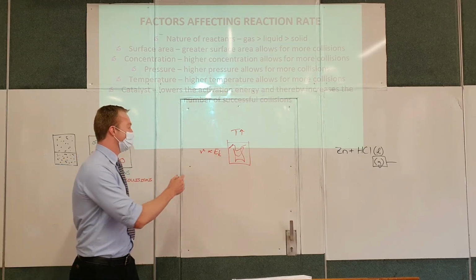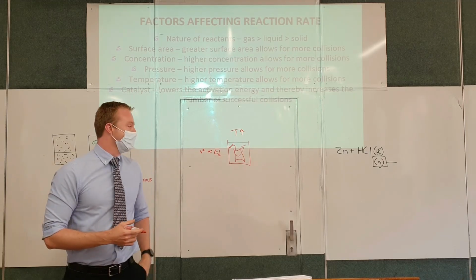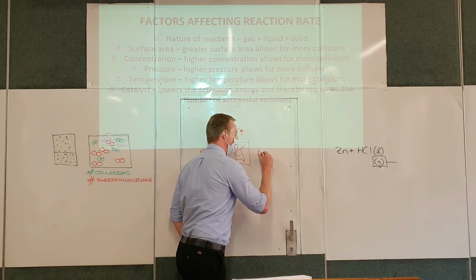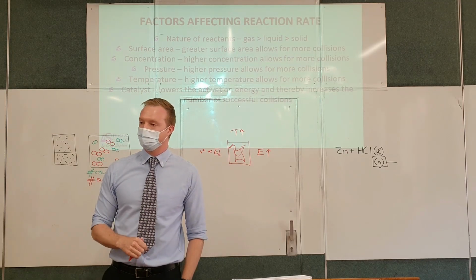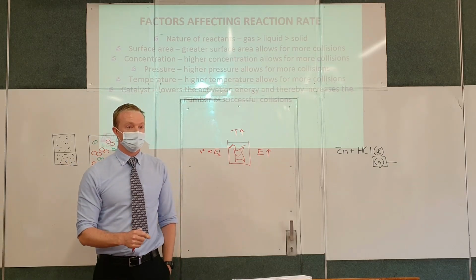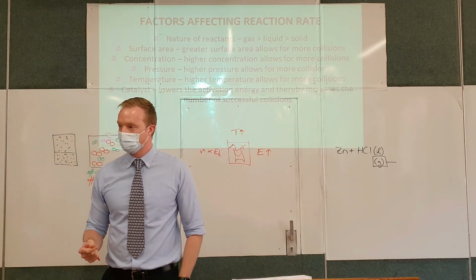The second reason why a temperature increase affects your rate of reaction is because a temperature increase means that every single particle has more energy, and if we go back to collision theory, we said that in order for a collision to be successful, the particle needs to have enough energy to overcome the force of repulsion.